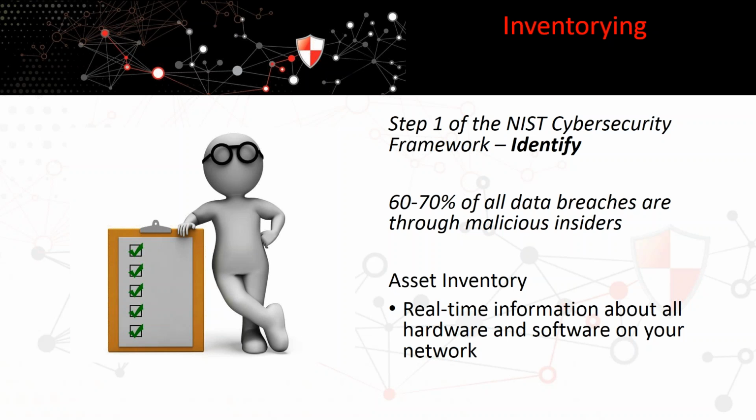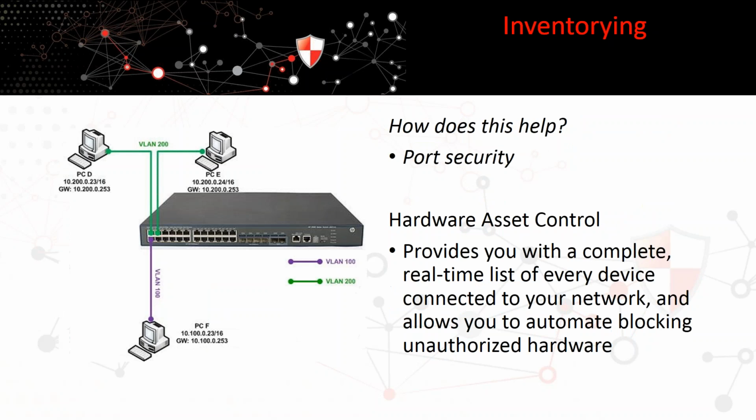So what else does an inventory allow you to do? Well, one thing which is somewhat more advanced that perhaps some of you out in the audience haven't deployed in your environment is port security. Port security is the enablement of locking down your network switch infrastructure so that only certain devices can connect to your network.